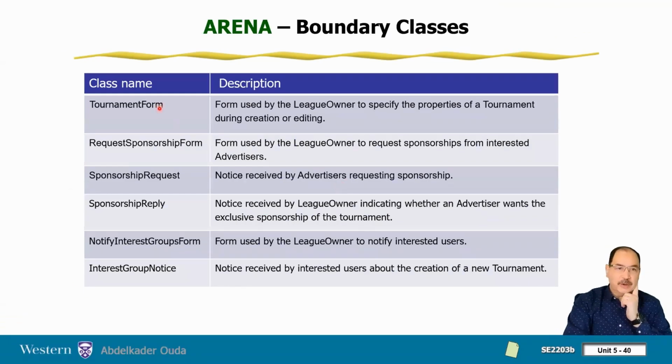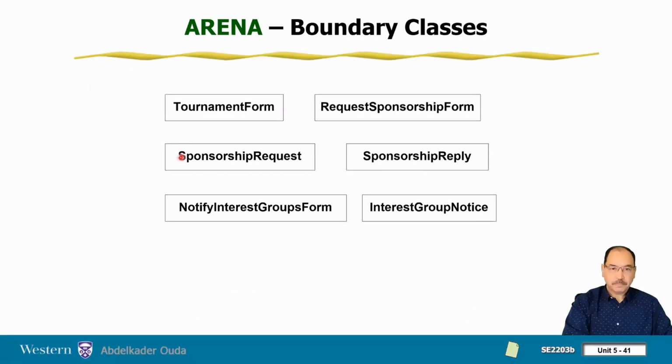Based on that, I can now start to write them down and describe them in your own wording, to make sure that you really understand it and you're confident that this should be an entity object. This is, again, the same thing that you need to do during the assignment. So I have a list of boundary classes: tournament form, request sponsorship form, sponsorship request.